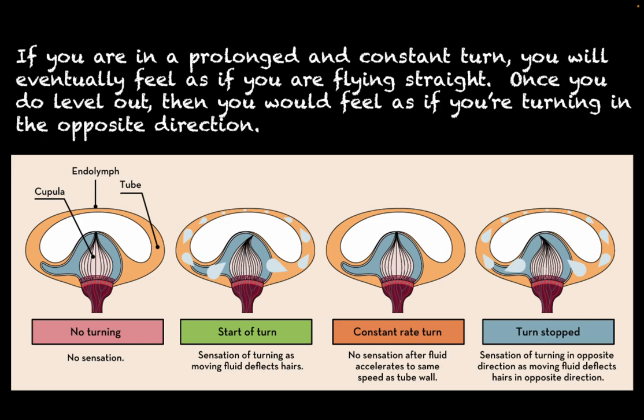You're going to feel that in your semicircular canals. That is going to cause the cupula to start bending with the movement of that endolymph fluid. So naturally, when you're not turning and you're maintaining level flight, the cupula is straight up, those hair cells are straight up. No turning means no sensation.